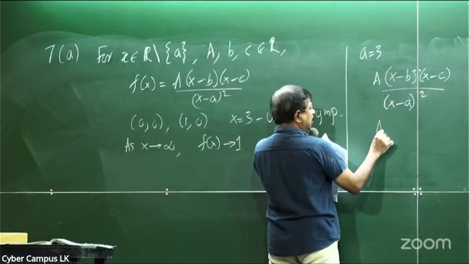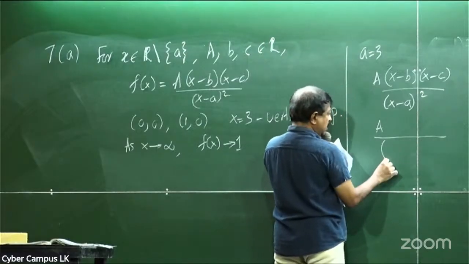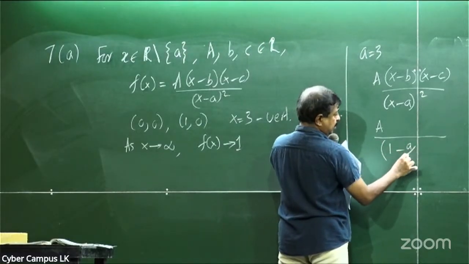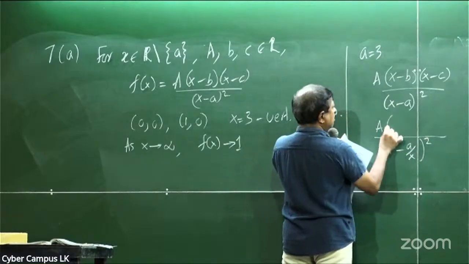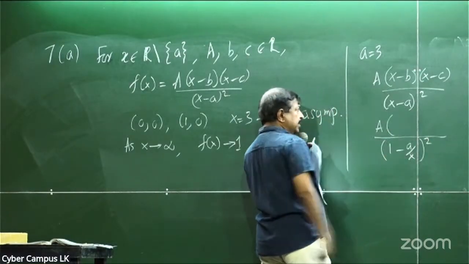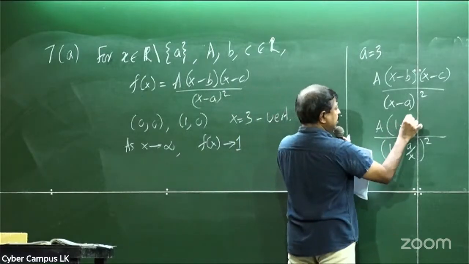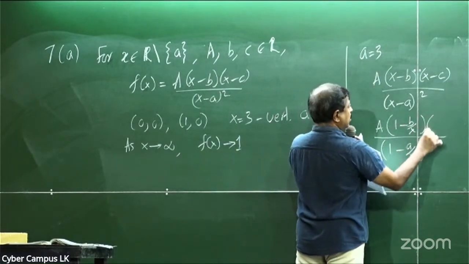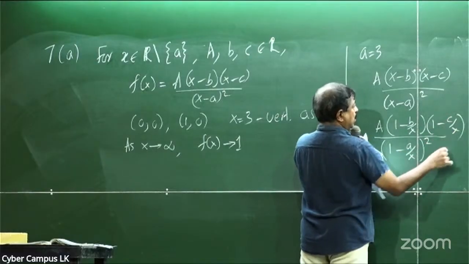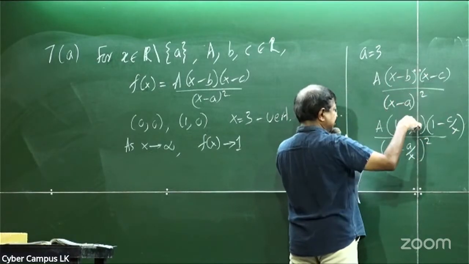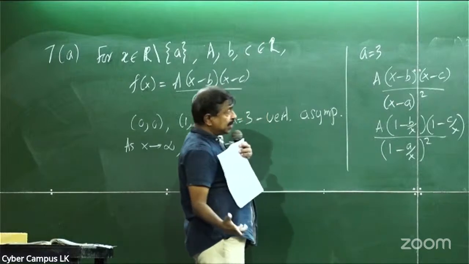We'll divide both upstairs and downstairs by x squared. Here, by dividing the inside by x, we are actually dividing it by x squared. I divide each factor by x.